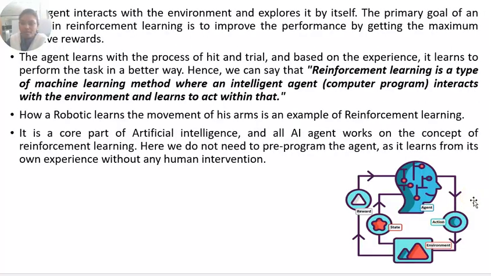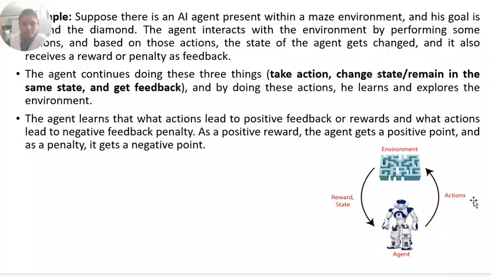Here we can see the environment, the agent, the action, states and the reward. These are the elements of reinforcement learning, where the agent performs different actions from different states, and at the end receives rewards, whether positive or negative.